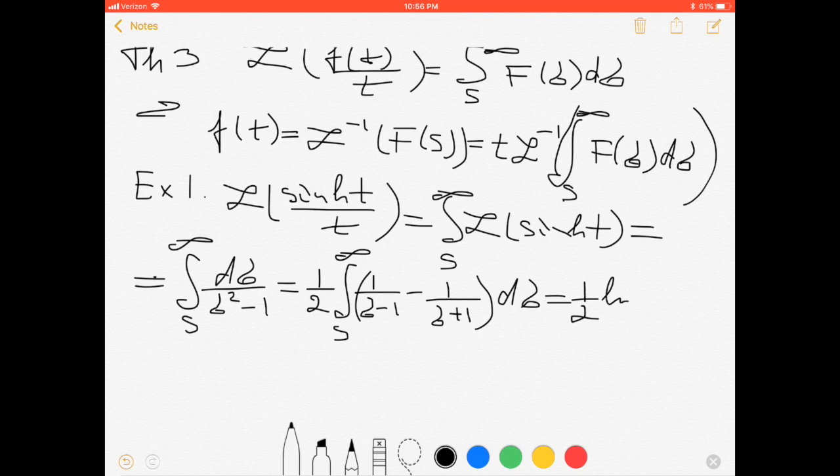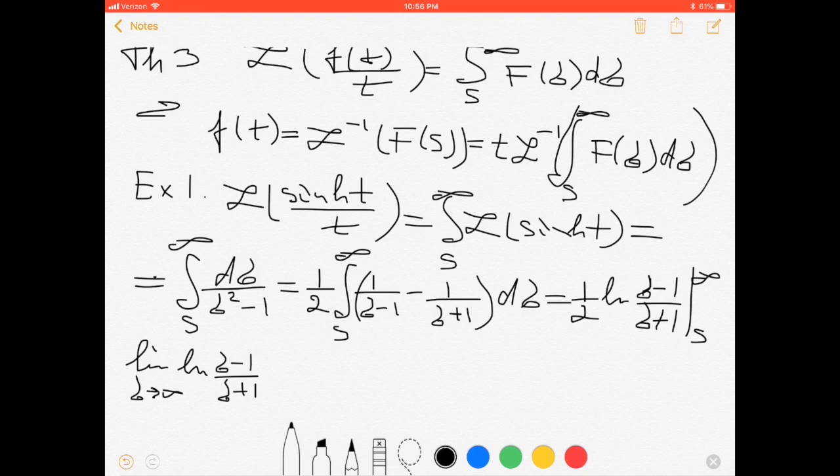We have 1/2 natural log of sigma minus 1 over sigma plus 1. And we need to plug in s and infinity. How do we plug in infinity? This means we need to find the limit, right? The limit of natural log of sigma minus 1 over sigma plus 1 as sigma approaches infinity.